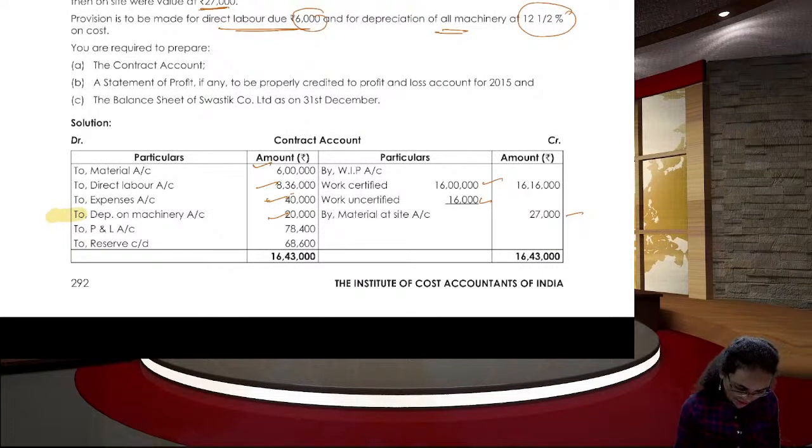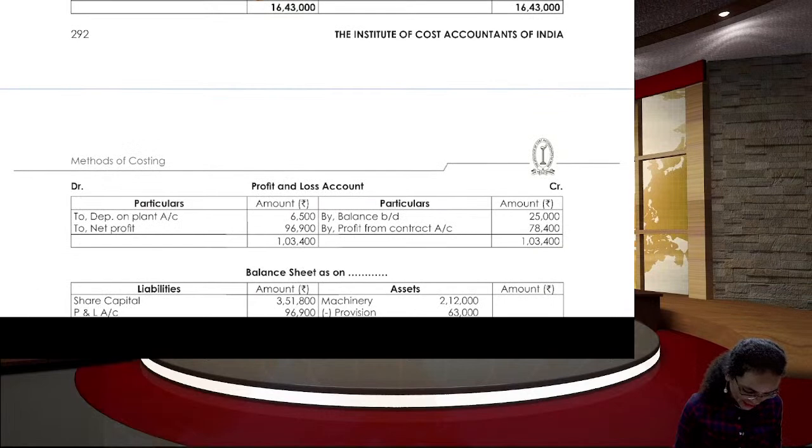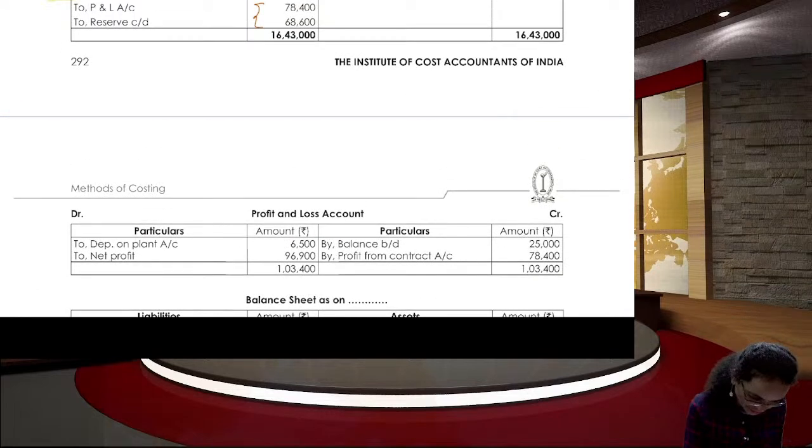Right? Everything we got. So this is a balancing figure. The notional profit, I told you how much is to be transferred to the P&L and how much is to be transferred to the reserves. So you got this one, right? Next one, this profit will be taken into the P&L account.